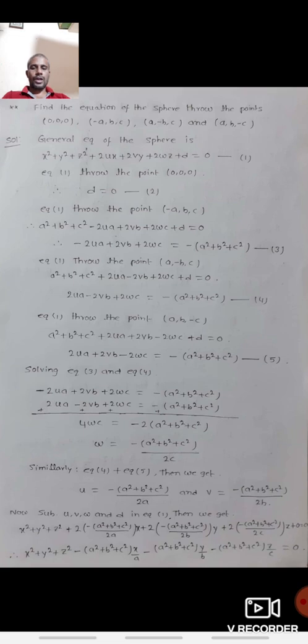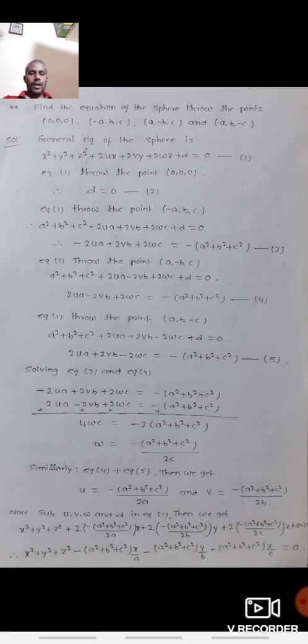So both will cancel. So we get 4wc = -2(a² + b² + c²). So w = -(a² + b² + c²)/2c. The 2s cancel on both sides.